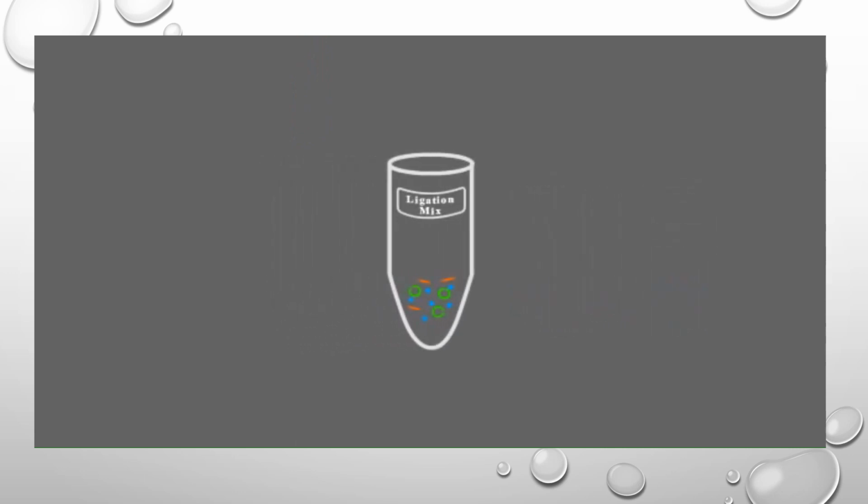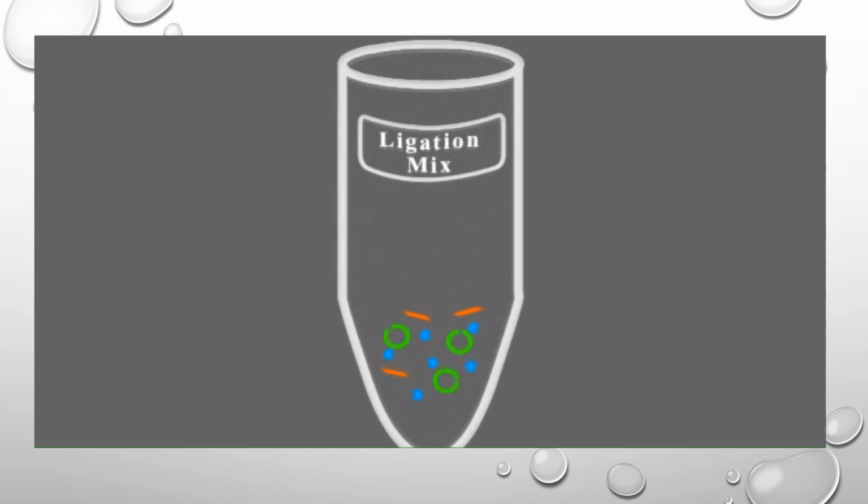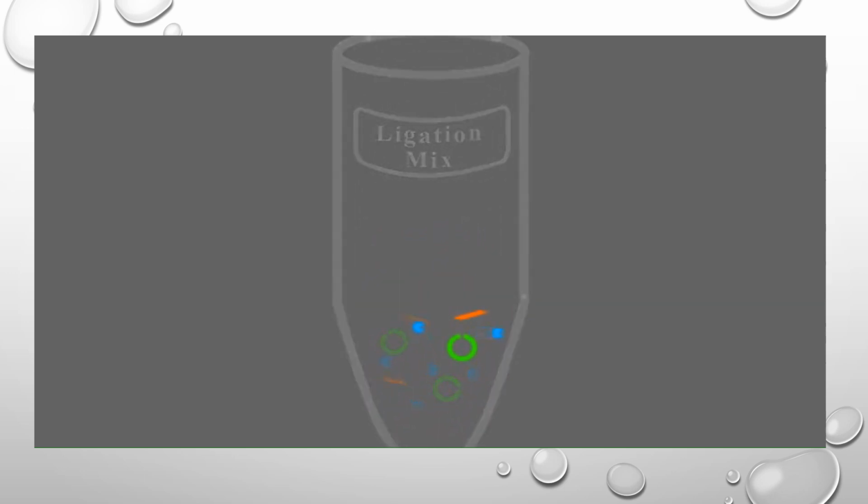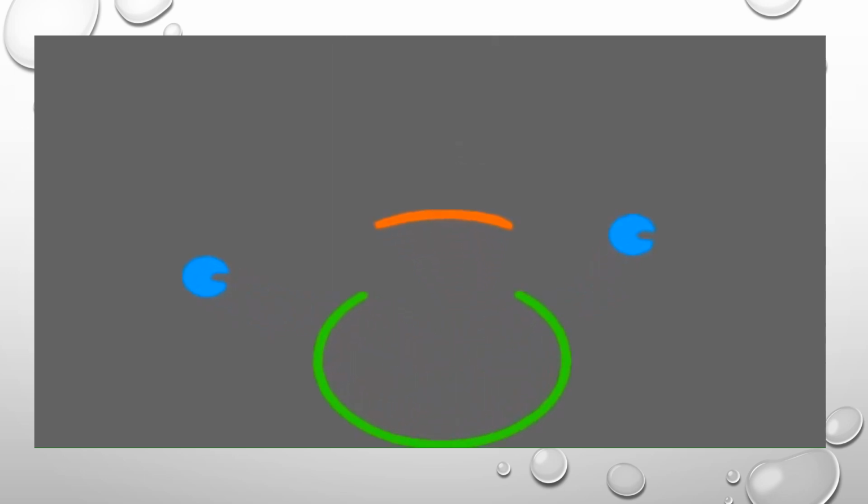And while complementary base pairing of single-stranded overhangs brings the ends of vector and insert together, the DNA ligase fuses them into one intact DNA molecule.